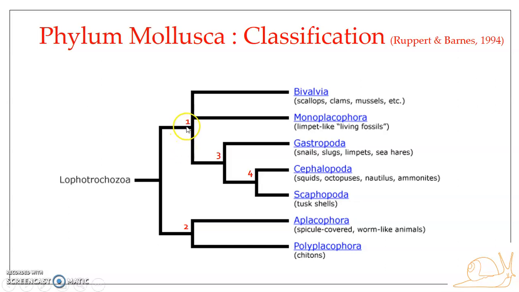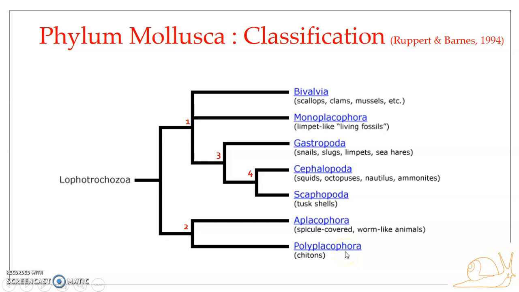You can see the ancestral 1 and 2 are among the most primitive mollusks. Ancestral 1 gave rise to Bivalvia and Monoplacophora, and another ancestral 3. At the same time, ancestor 2 gave rise to two classes, Aplacophora and Polyplacophora.